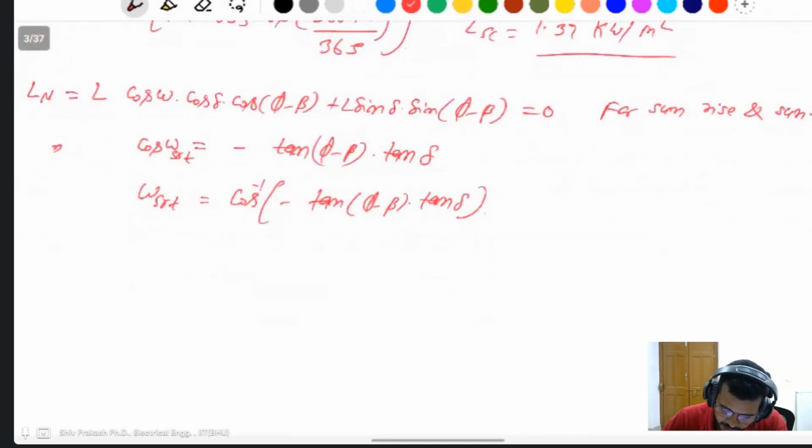And if it is a non-tilted panel, then omega SR, for this one beta is equal to 0. Same thing, tan phi into tan delta.